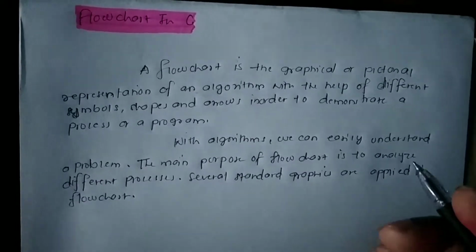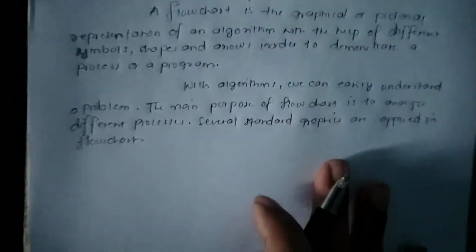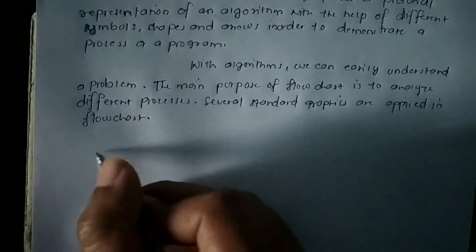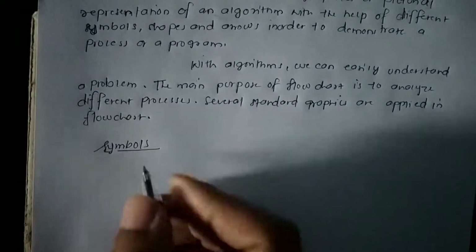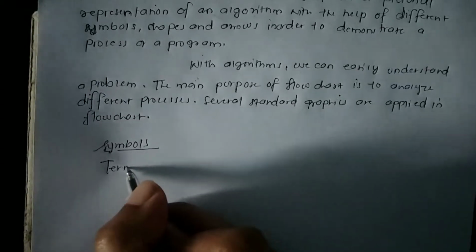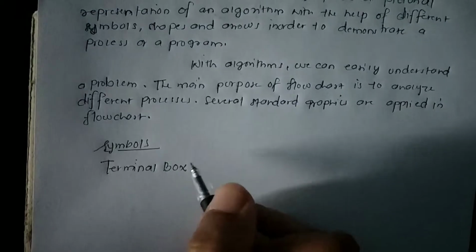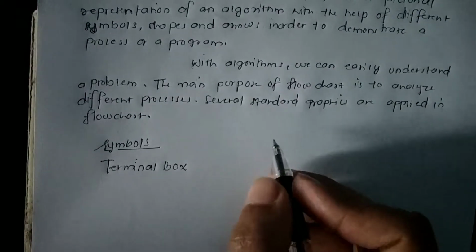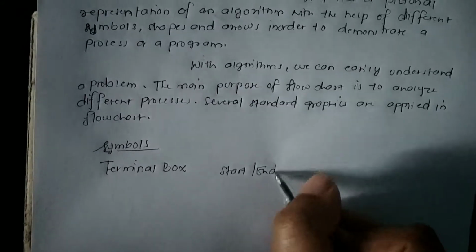In flowchart, we use many symbols for representation, such as we will discuss symbols. The first one is terminal box. In terminal box, we will start in the flowchart.